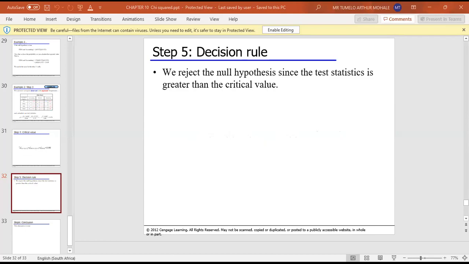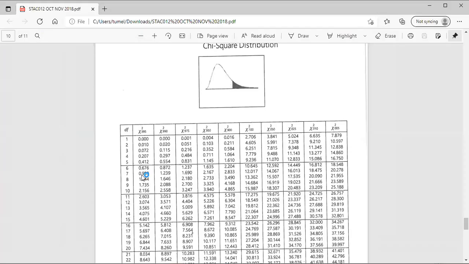We are here. What is the value? 6 and 0.05. What is the critical value? What is the critical value of the intersection of 6 and 0.05?